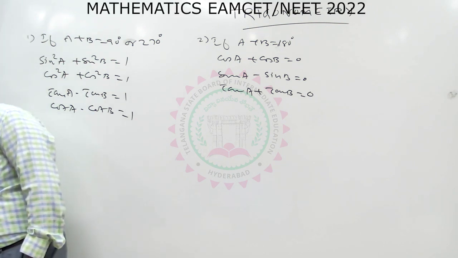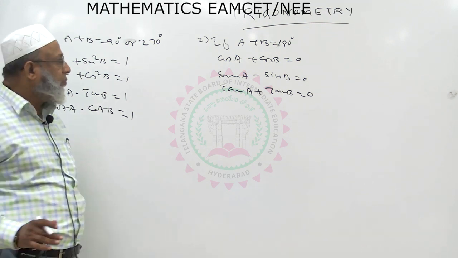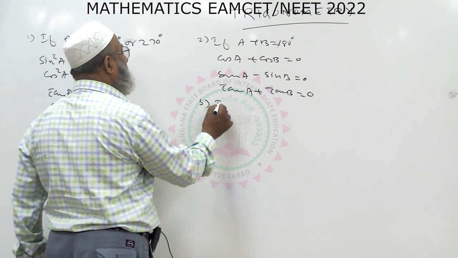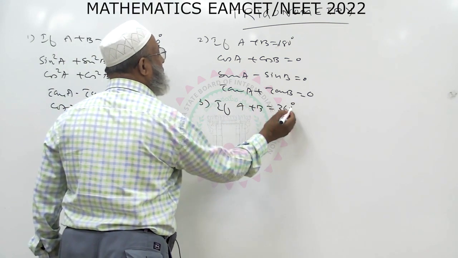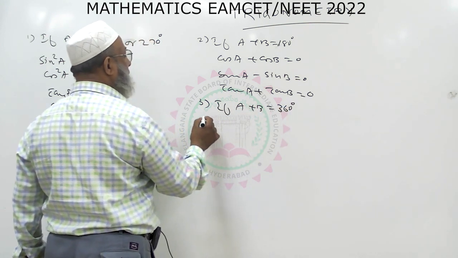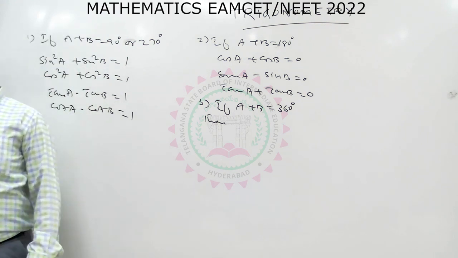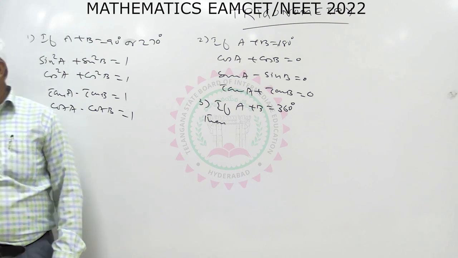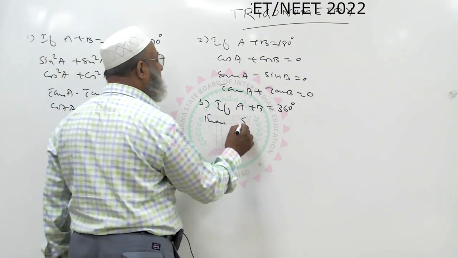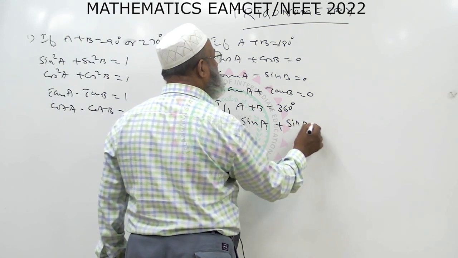Similarly, if A plus B is equal to 360 degree, then sin A plus sin B is equal to 0.